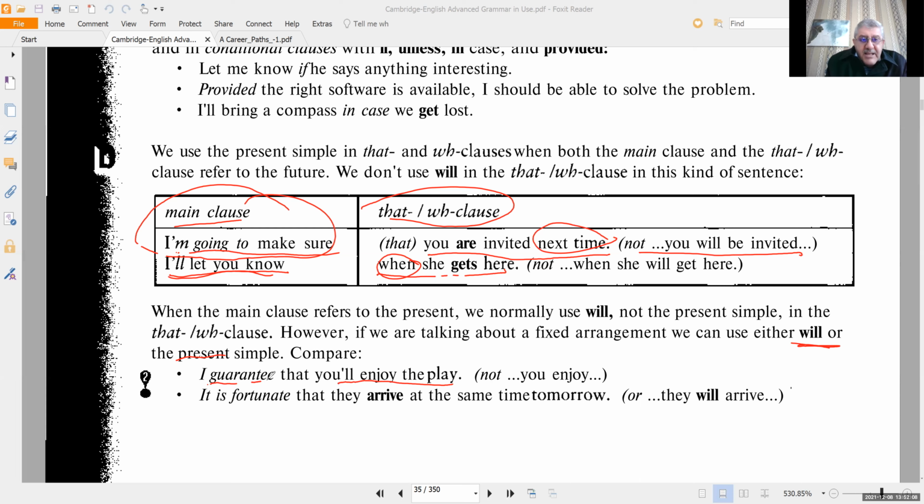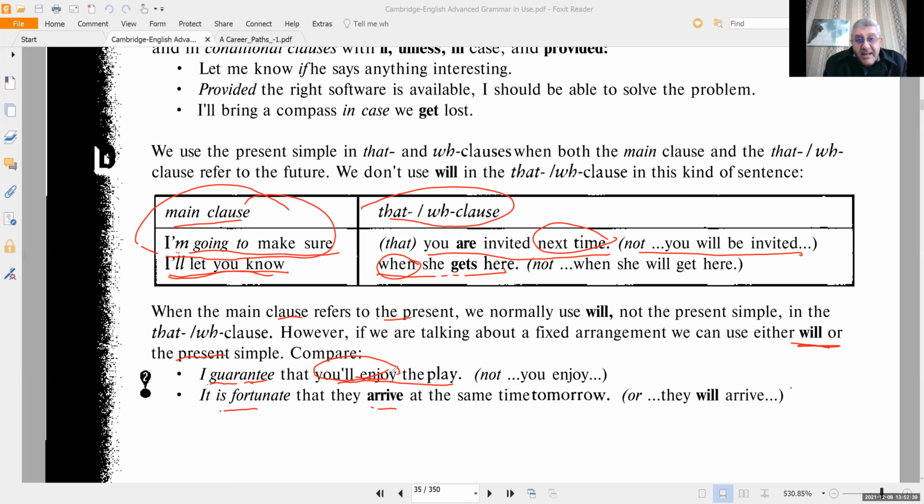I guarantee هنا that you will enjoy. It is fortunate that they arrive at the same time tomorrow. إذن I guarantee that you will enjoy. عندما نستخدم هنا main clause refers to the present. إذن guarantee معناه هنا يتكلم عن هذا الوقت حنستخدم will.